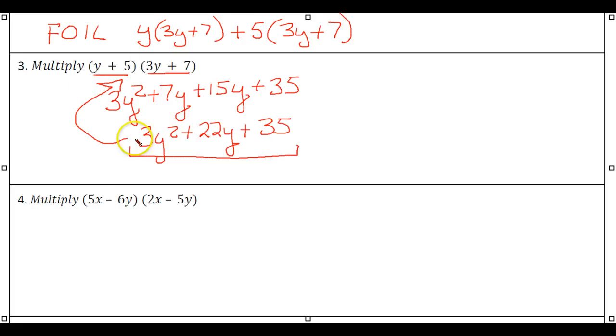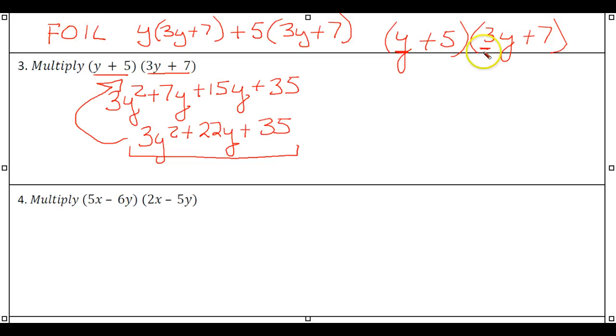Now, I said this was one way to do it. Let's look at the FOIL now, and I'll write it up here. Y plus 5 and 3y plus 7. Now, FOIL is an acronym that stands for the first, which are these in each of your binomials.